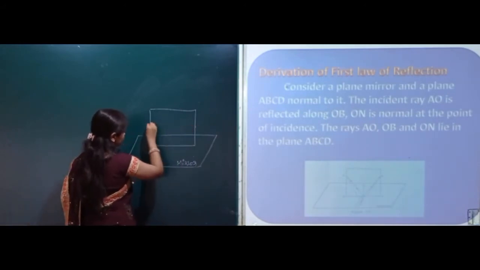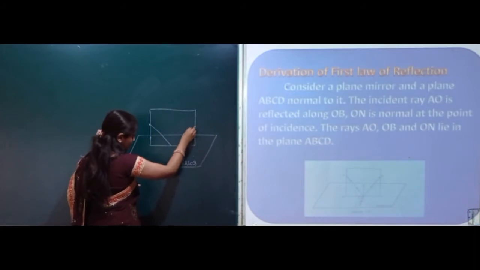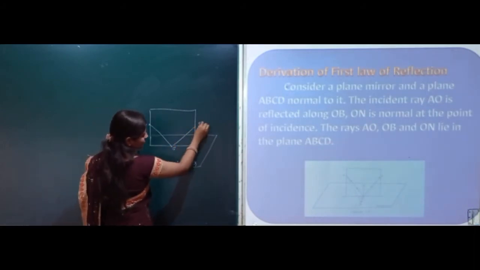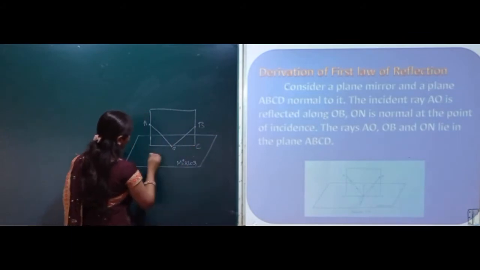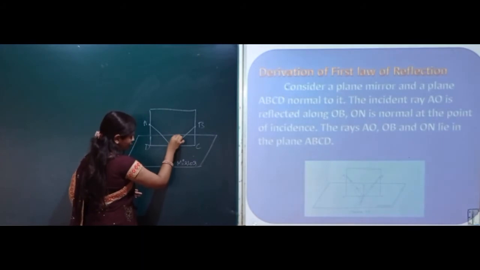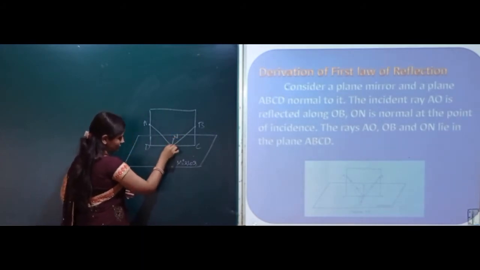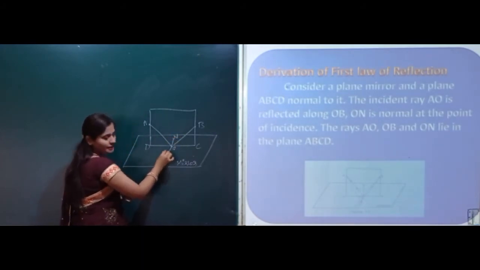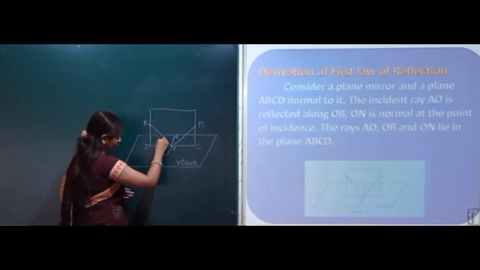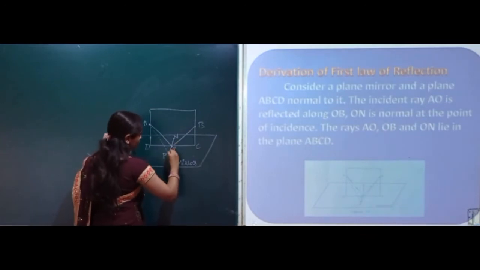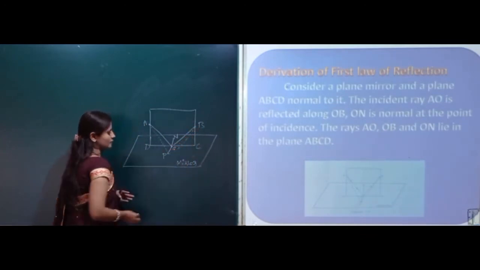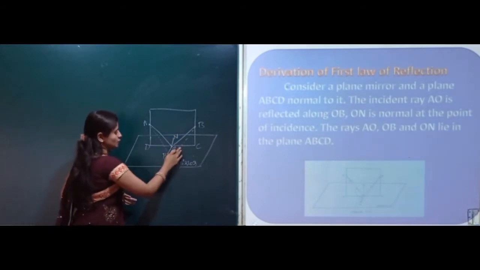It touches point O. These points are A, B, C and D, and one more point is N, and here one point is P. Next we are drawing AP as well as PB.